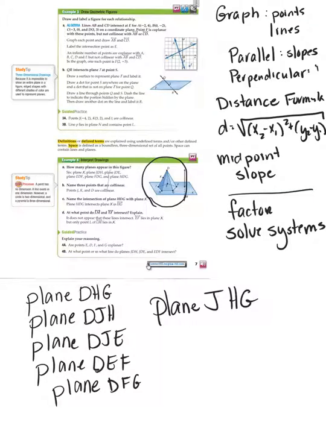It's one plane because it's one flat surface, and that flat surface extends through the bottom of the pyramid as well. Okay, so I want you to make sure that you realize that this little flat surface here is a part of the entire flat surface. We don't count those as 2 separate planes.